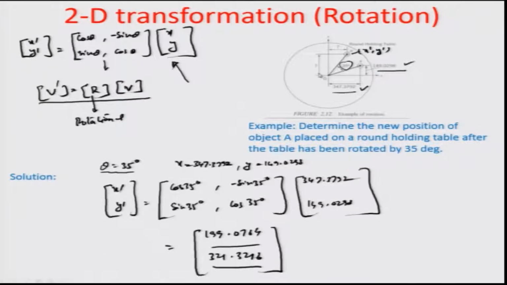Now, the advantage behind this process is that supposing you have multiple rotations in space, that normally is the case when we are talking about solid modeling, where we are having a model and we are turning it around, rotating it in different locations and then representing it or replotting it.